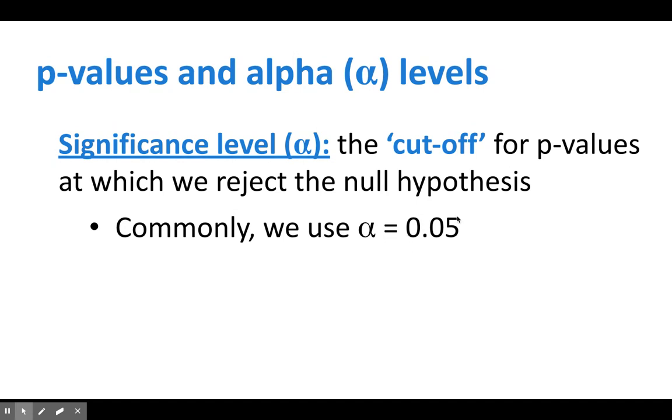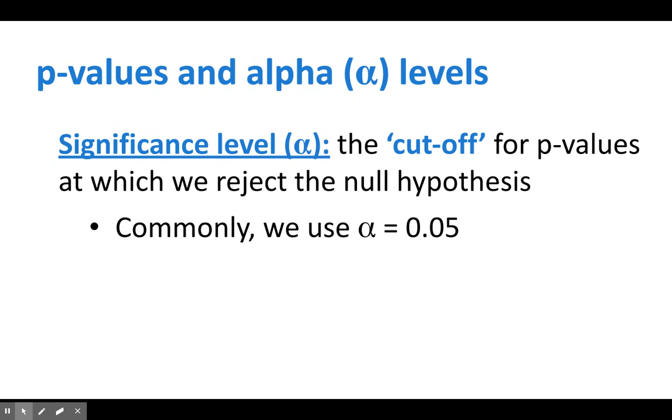What that's saying is, if the p-value, the probability value, is less than 5%, because remember 0.05 as a percentage would be 5%, that means it is so unlikely to occur under the null hypothesis that the null hypothesis must not be true.